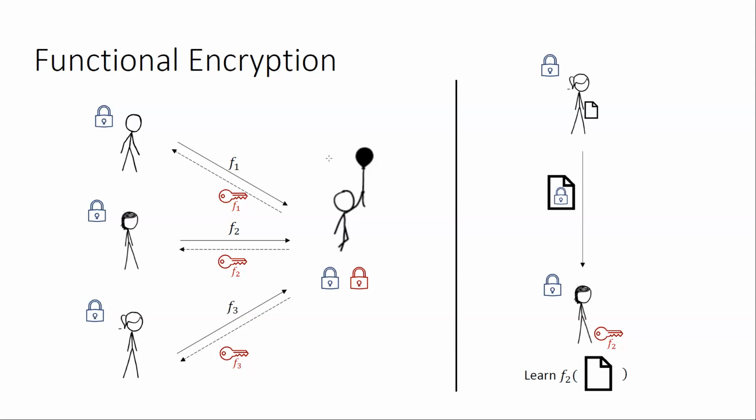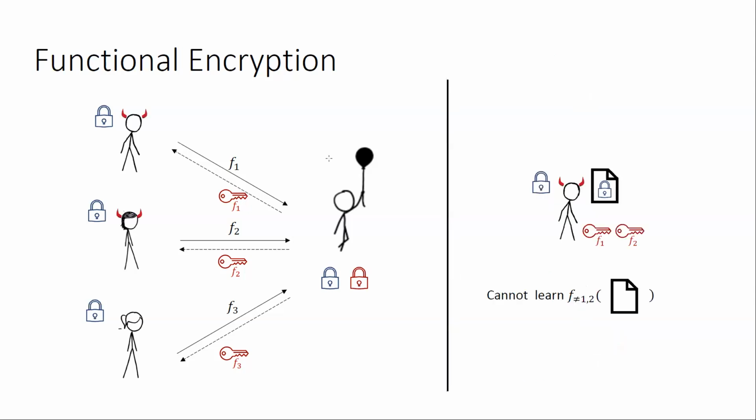Usually, it is modeled by the existence of a trusted party called the public key generator, holding a master public key and a master secret key. Each time a user wants to obtain a decryption key related to some function, they hand the function to the public key generator, and receive the decryption key for that particular function.